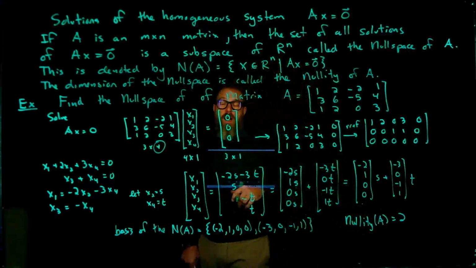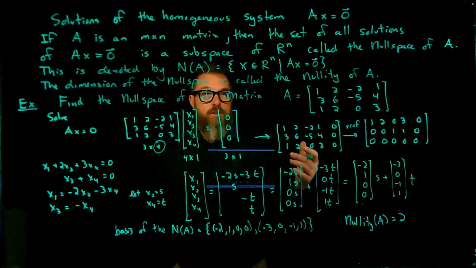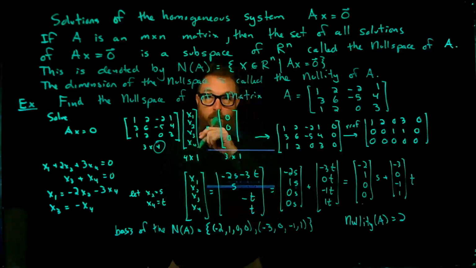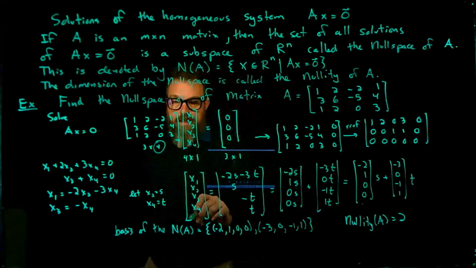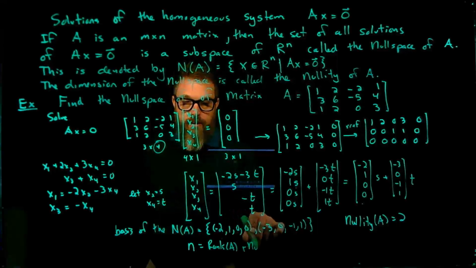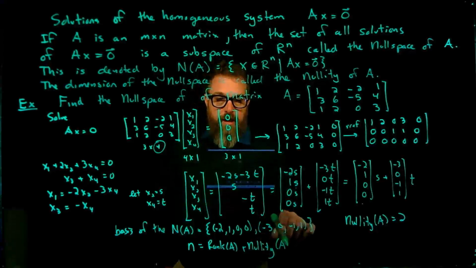Now there's an important equation that maybe you could test on yourself, because now you know how to find the row space of this. What we'll actually see is that n will be equal to the rank of A plus the nullity of A, every single time.